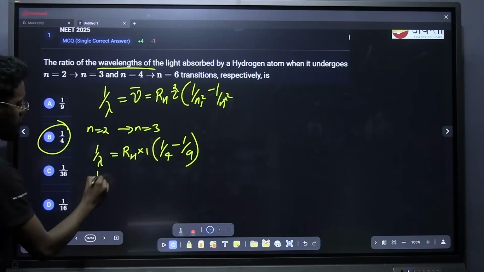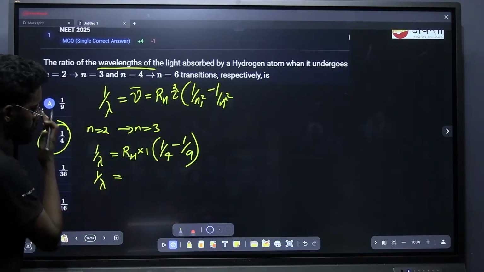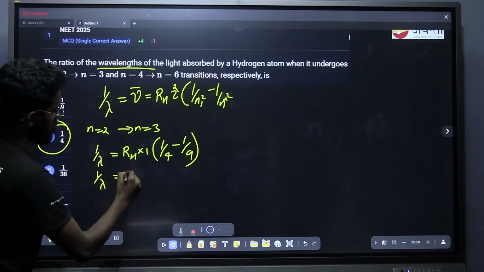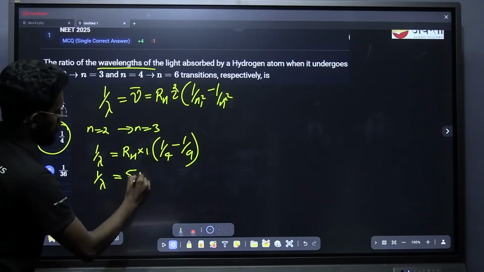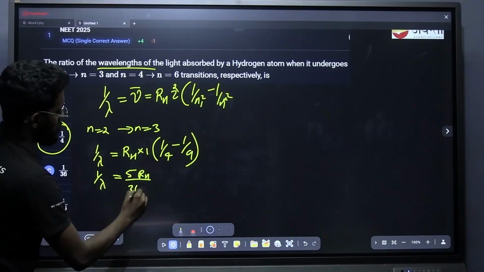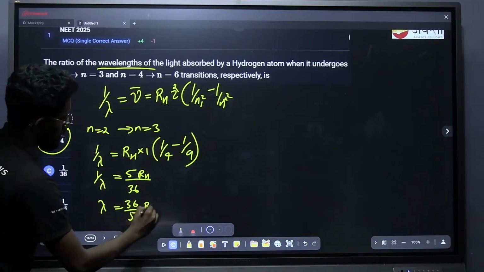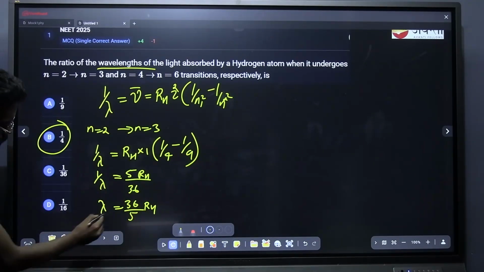On solving this, what are we getting? 1 by lambda is equal to 5 RH divided by 36, or lambda is equal to 36 by 5 RH, lambda 1.